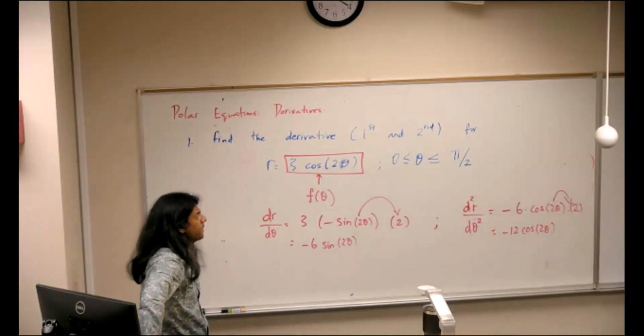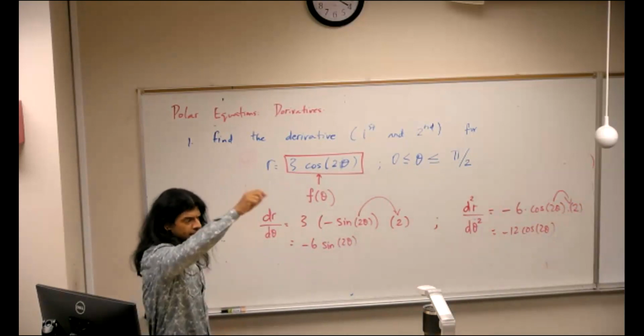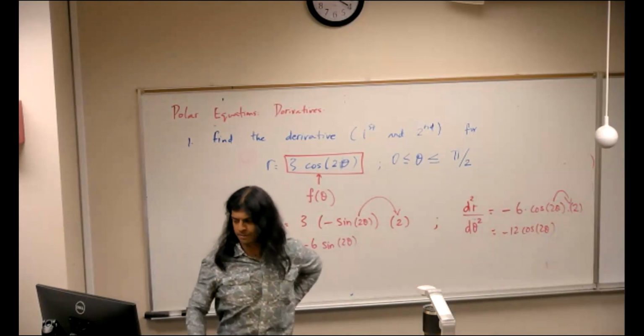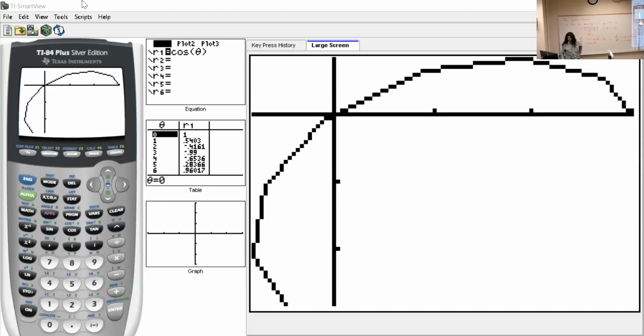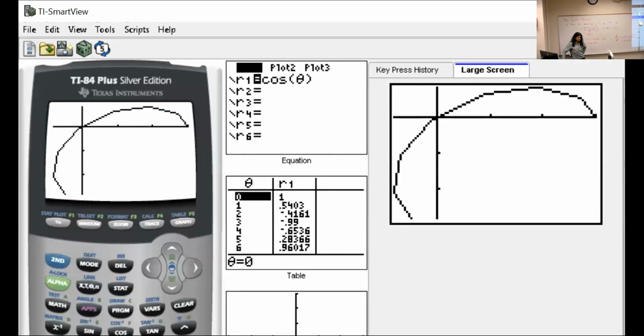For 0 to pi over 2, how many loops do you get? Loops and duration. So I'll just leave it over here. That is a picture that I have for the curve. It is not forming a full loop. Reason being, we're stopping at pi over 2.